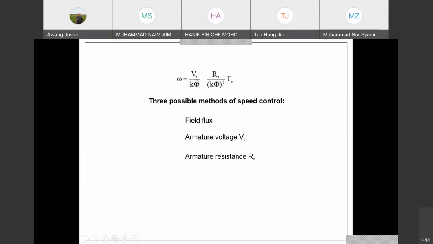You put V terminal bigger, the speed is higher. You put in the lowest flux, and the speed is higher. So those are the three methods to control the speed of the shunt DC motor. Other motors are almost similar, but you need to do some adjustment. You need to see the things first.